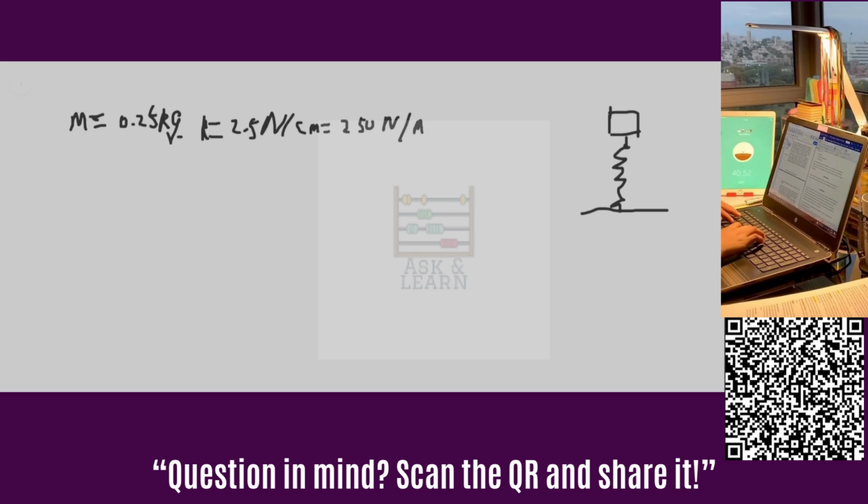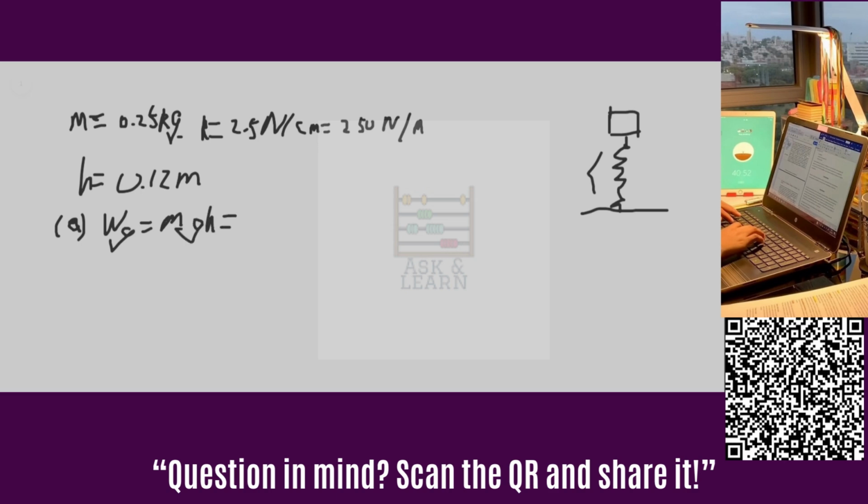Okay, and so we know that the maximum compressed distance of the spring is h equal to 0.12 meters. So for part A, we want to find out the work done by the gravitational force in this process.